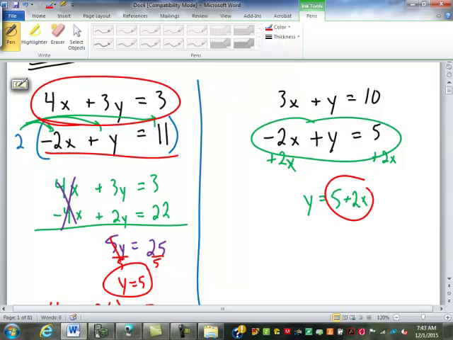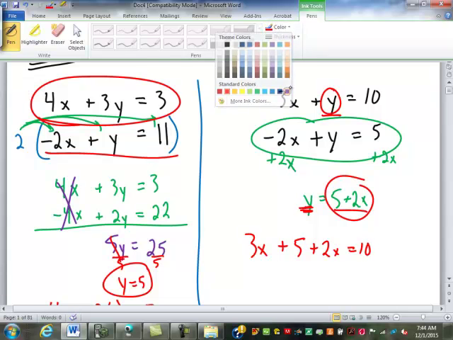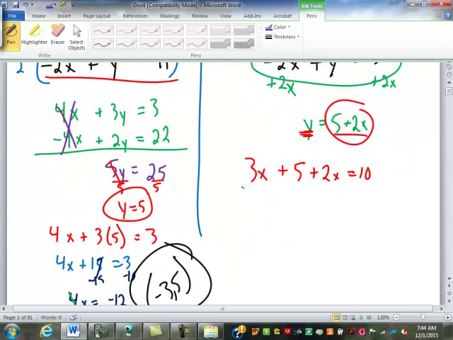And now I'm going to put that in. I'm going to replace this y here with 5 plus 2x. So 3x plus, and there's no number in front of the y, so I don't need parentheses or anything. It's a positive there. So I could put a plus 1 times this, but that's just going to be 5 plus 2x equals 10. So now I can combine 3x and 2x makes 5x plus 5 equals 10.